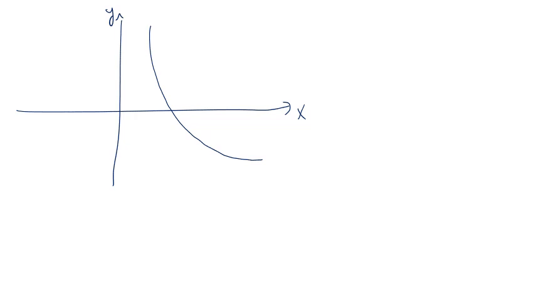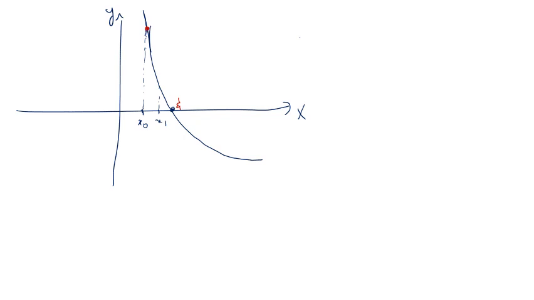Take this point x0, and take this point x1. At x0, the point on the curve is this. At x1, this is the point on the curve, and this is the exact root xi.